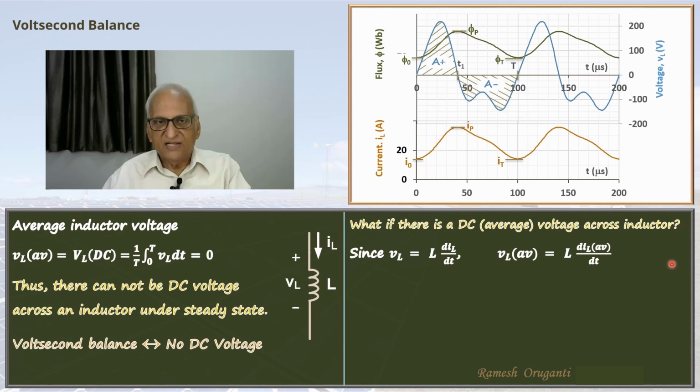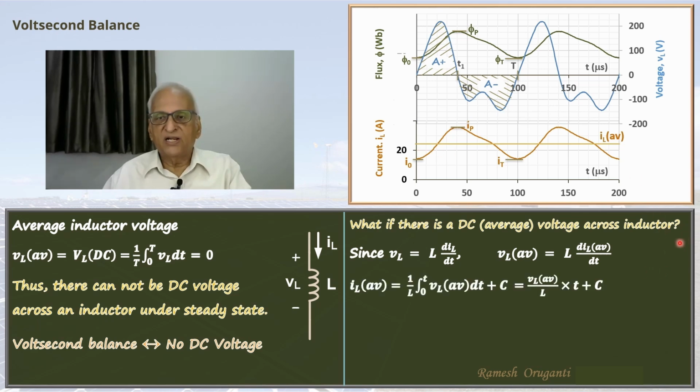You can find out IL average by knowing the VL average and integrating it. So IL average equals, I am bringing the L over to this side, 1 over L, integral 0 to T VL average dt plus C, that is the initial value of the IL average at T equal to 0. That's not important, we need not worry about it. VL average is a constant value, so this will be VL average by L times T plus C.